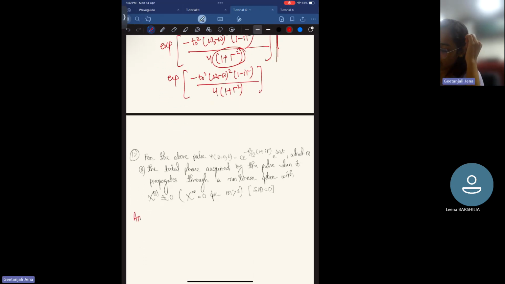So the question says, for the pulse psi z0t, which is given by this expression, what is the total phase acquired by the pulse when it propagates through a nonlinear fiber with chi3 not equal to 0 and chi m equal to 0 for m greater than 3, and consider that the group velocity dispersion is 0.